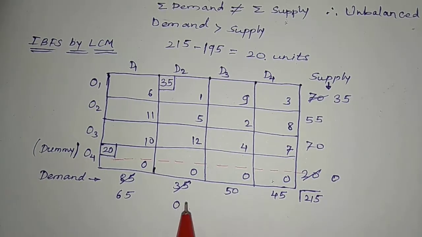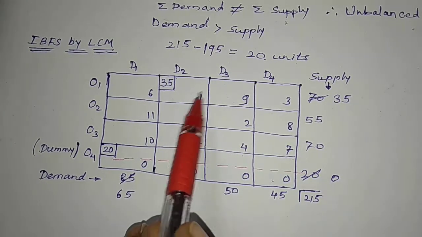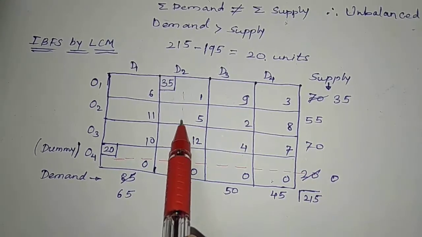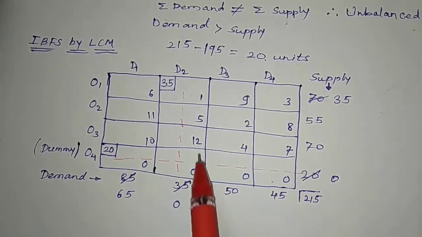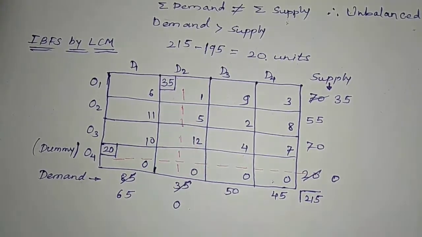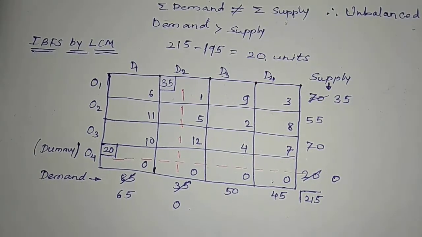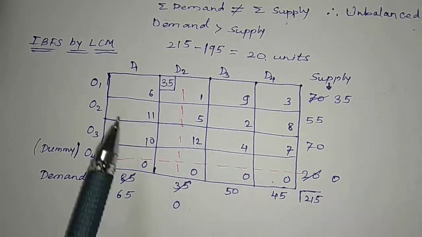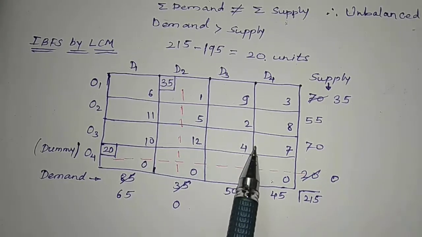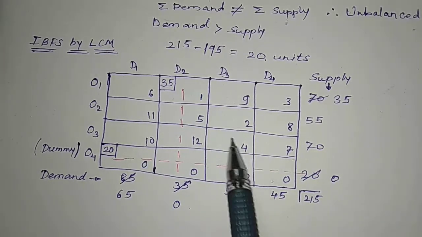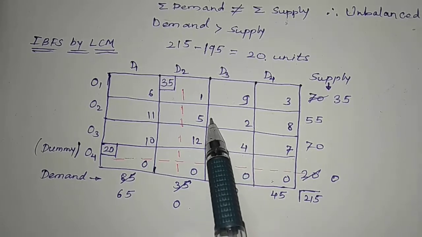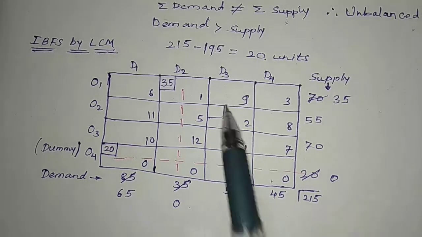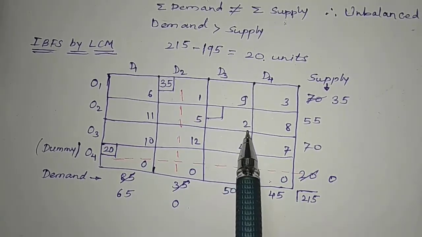So therefore let us neglect this column from further considerations. Now look here, out of remaining cells, which one is the lowest or least or minimum? So cost 2 is next minimum cost.